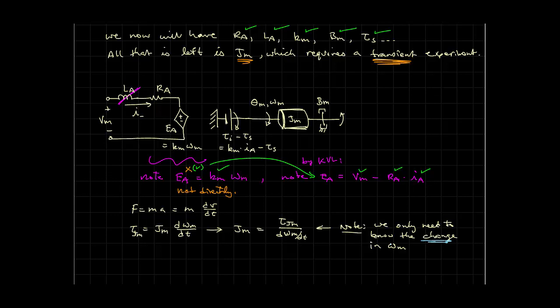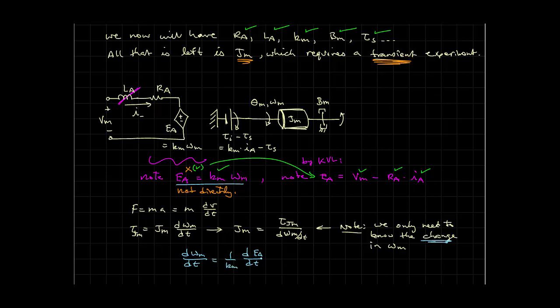So what we're looking for is d omega m dt, which can be found as dEA dt divided by Km.